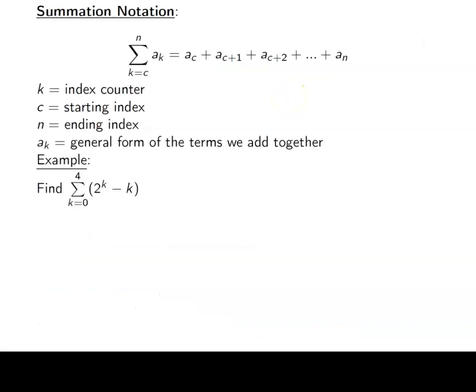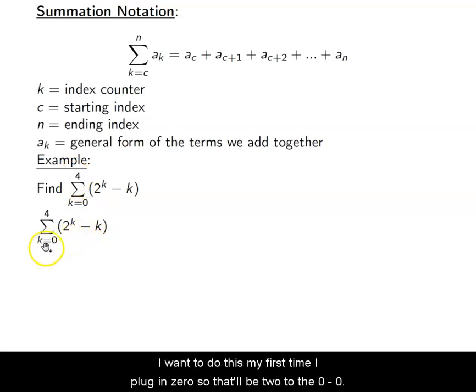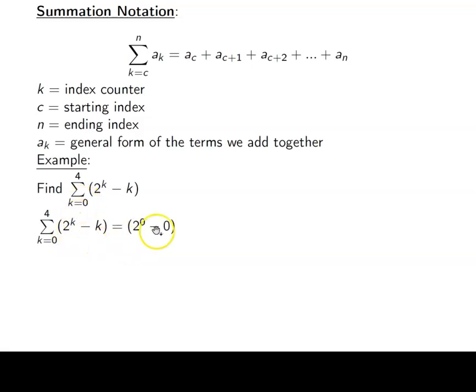So let's find this partial sum, from k equals 0 up to 4 of 2 to the k minus k. What we do is every time we add in, we substitute k equals whatever value we have here, starting from 0 and ending at 4. So my first term, I plug in 0, so that'll be 2 to the 0 minus 0.